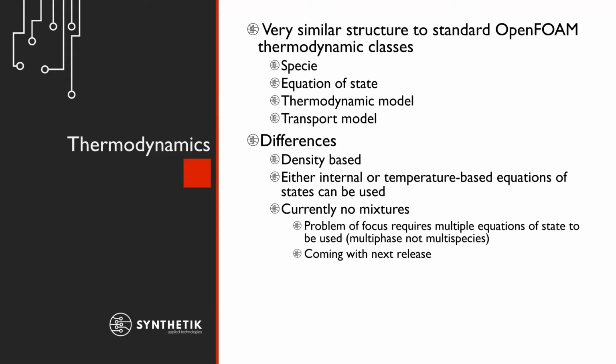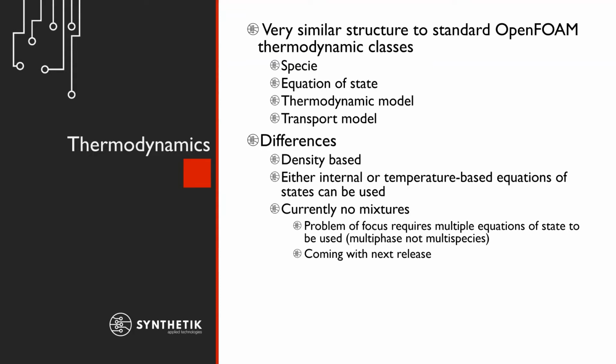However, we can use either internal energy or temperature-based equations of state. Generally, the internal energy form is considered the Mie-Grüneisen form, or at least that's what I consider it. And then temperature-based is the standard PV equals nRT form, where it's explicitly dependent upon temperature.